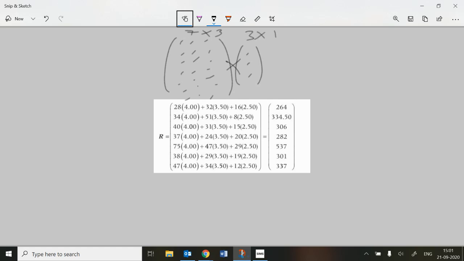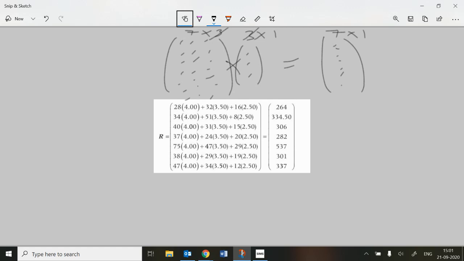Okay, so now you can see that the 3 and the 3 is going to cancel, and you're going to end up with your 7 by 1 matrix, which is just 7 rows and 1 column, which is essentially just a vector as it's coming out there.